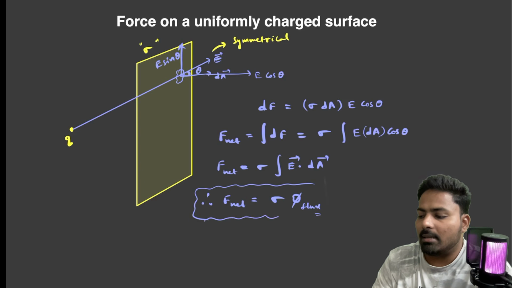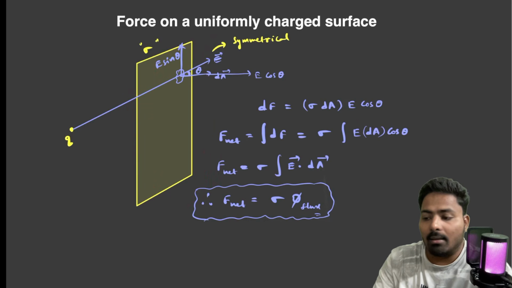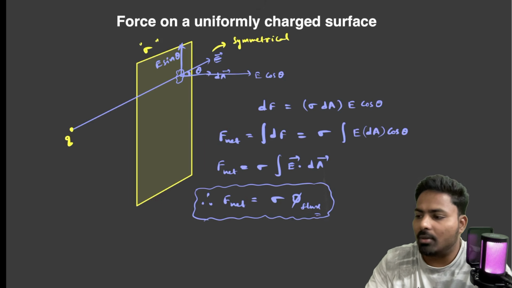You need to understand, as this charged surface is kept symmetrical, the vertical forces will get cancelled, and only the force perpendicular to the surface remains, right? Here the most important thing is, you need to understand what this flux is.